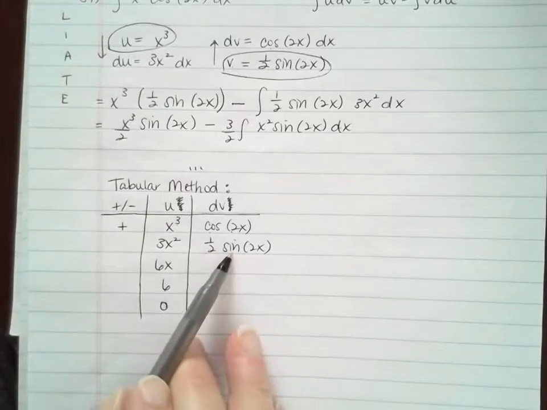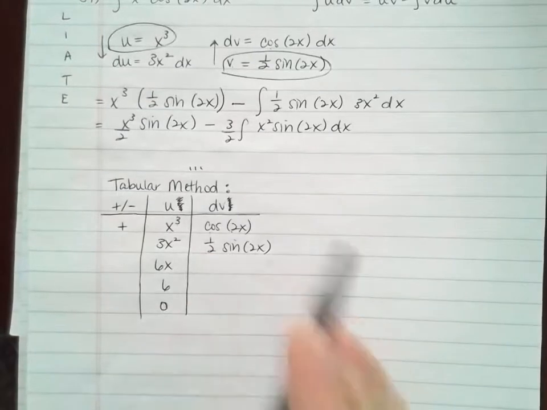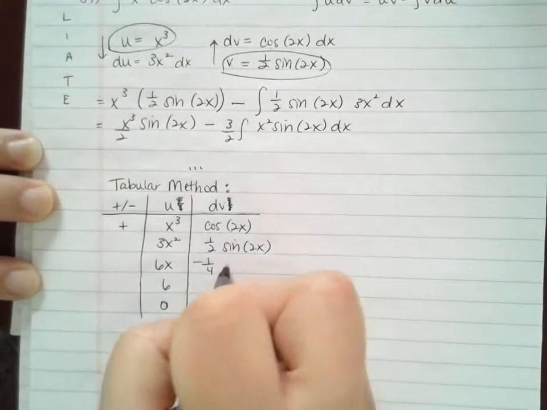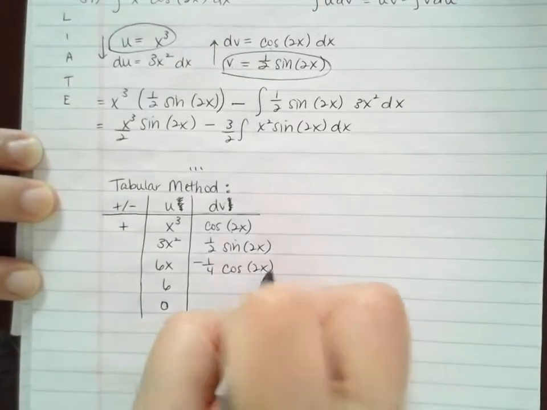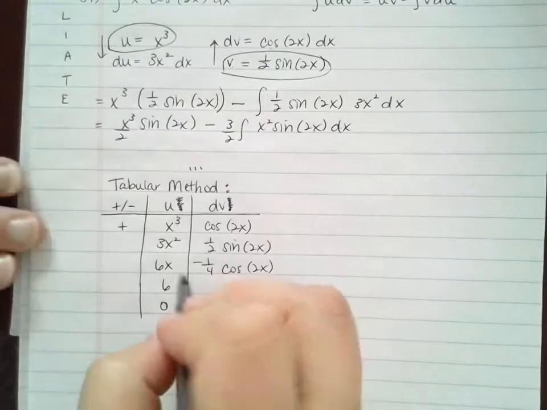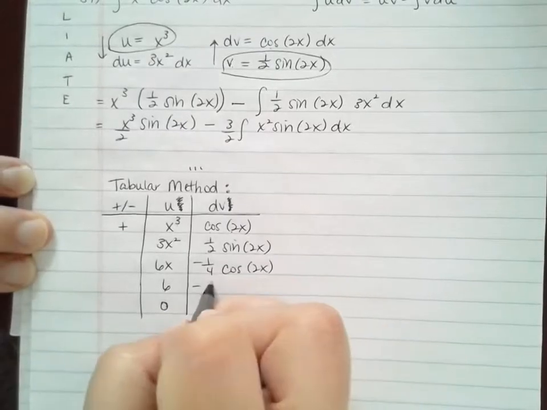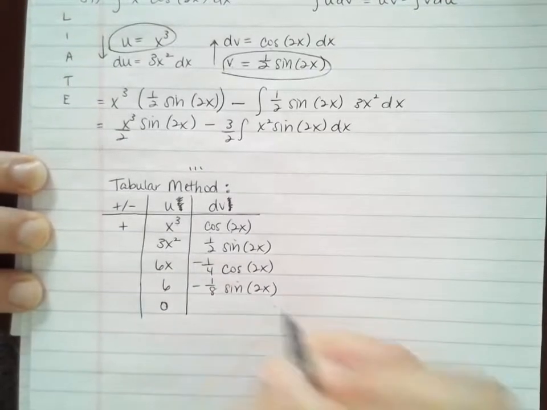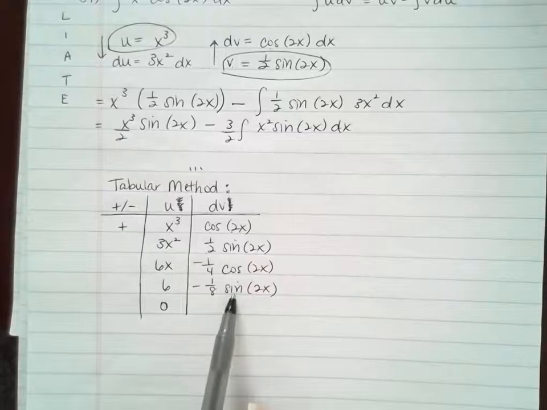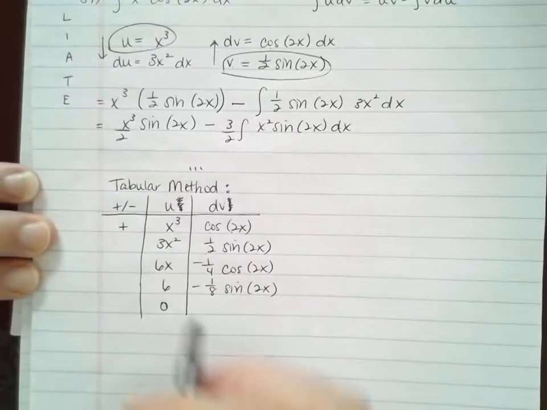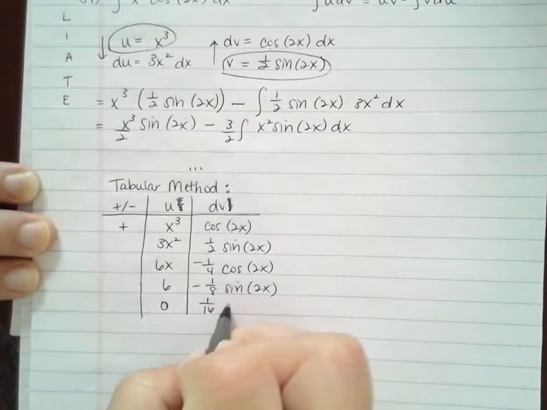So the integral of sine is negative cosine, but because it has a 2 here, it's going to become negative 1/4 cosine. The integral of negative cosine is negative sine, but because I had to balance it, it becomes negative 1/8 sine. Do it one more time. The integral of negative sine is cosine, and by balancing with the 2 and the 1/2, I get 1/16 cosine.